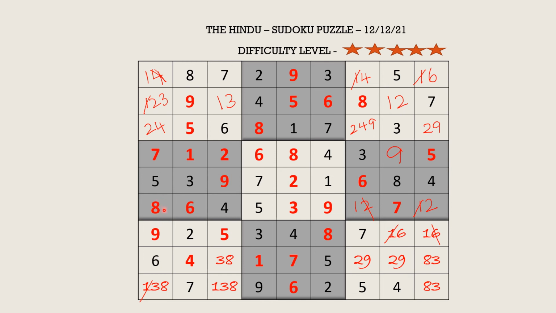And we have 8 here, so that 8 cancels out this 8 here. That means this cell takes a 3, which cancels out the 3 here and here. So there is no 3 here and there is no 3 here.